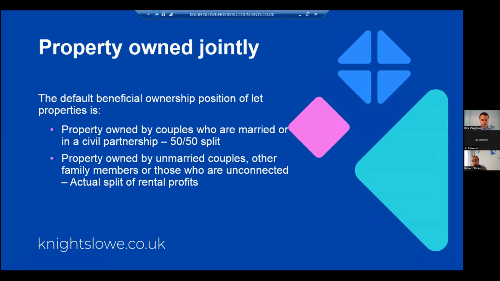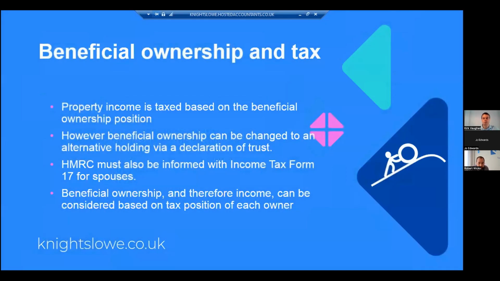This can be done by a declaration of trust, a legal document, which essentially is an agreement between you to say what you'd like that split to be. When you do this, it is important to make sure that you also tell HMRC, because that original declaration of trust alone is not good enough for HMRC to know how you want the income to be treated.